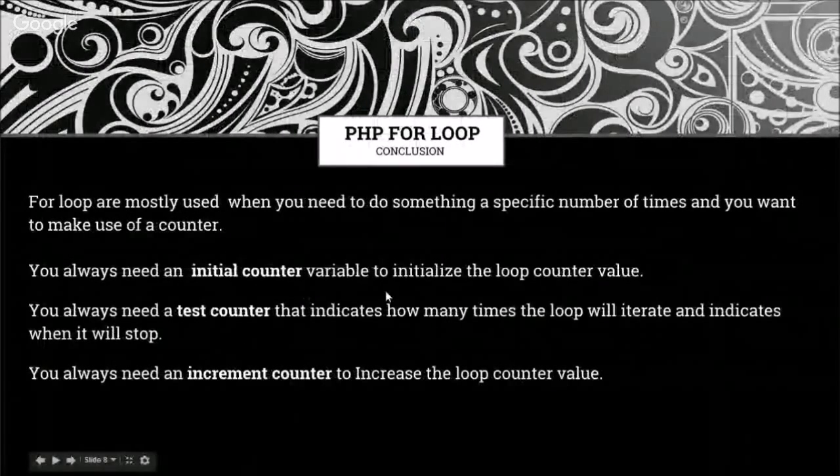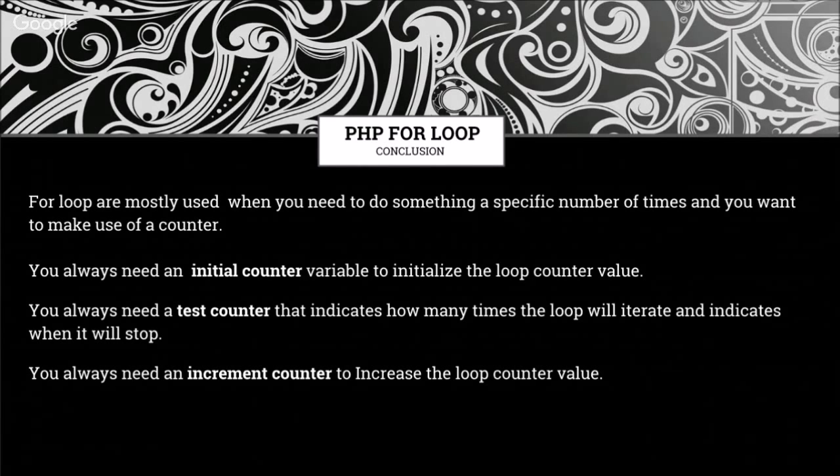So some major key points to remember: for loops, you usually use them when you need to iterate something a specific number of times with a counter, and you always need an initial counter variable so that you can start the loop from a point.